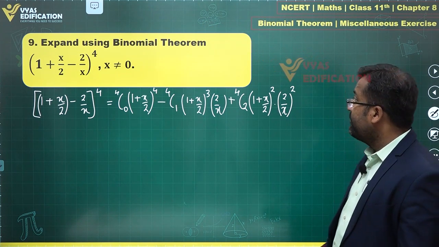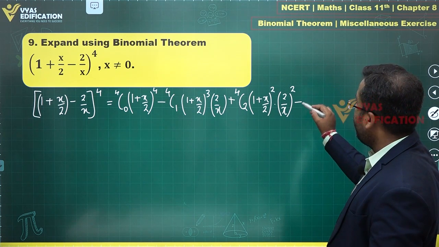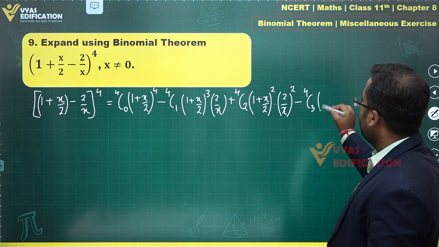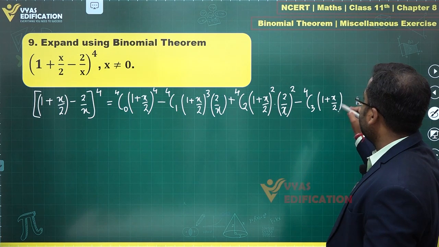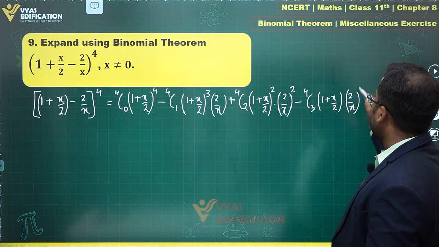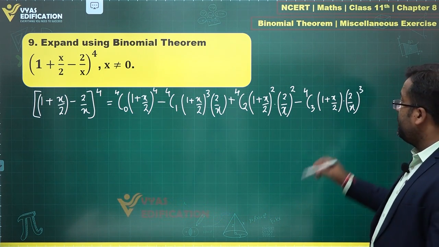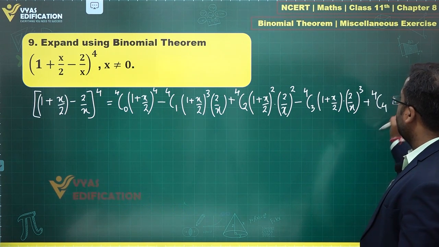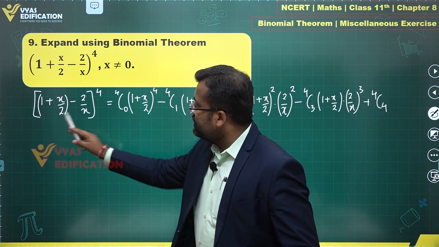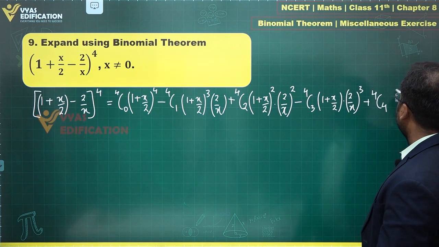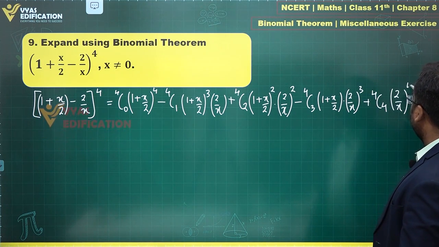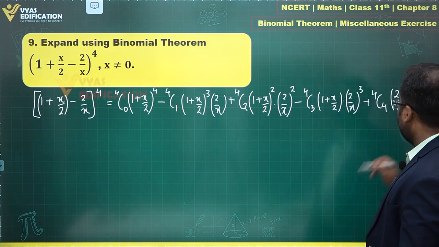Next, minus 4C3, 1 plus x by 2 times 2 by x power 3 is what I'll get. And the next term will be 4C4. This binomial, this term raised to power 0 and this term raised to power 4 is what I get. 2 by x raised to power 4 is what I'm getting over here. What next?